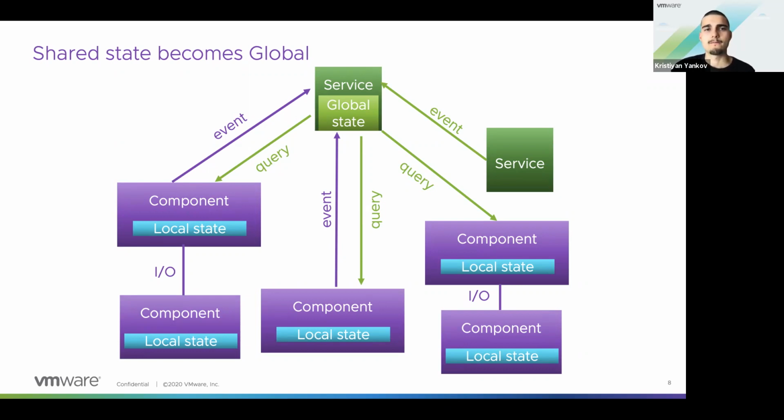So now, instead of telling some service to do something explicitly, we rather say, all right, this happened. Maybe it needs to result in some kind of state change, but the component doesn't really know that. It doesn't force the state change, and instead the service has full control of it.